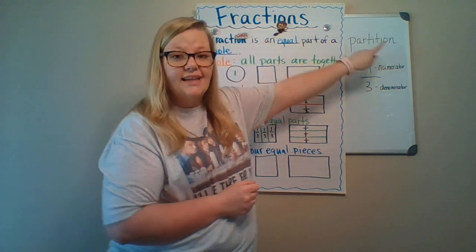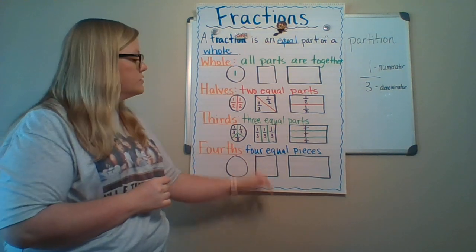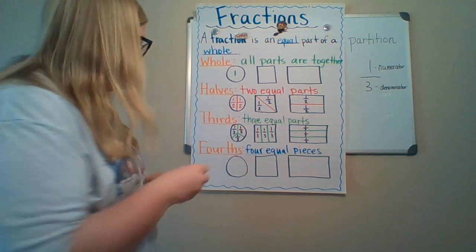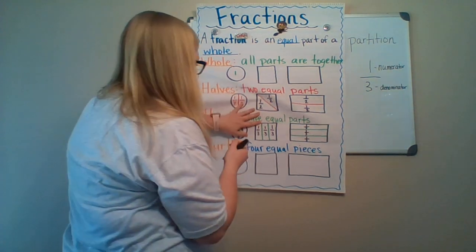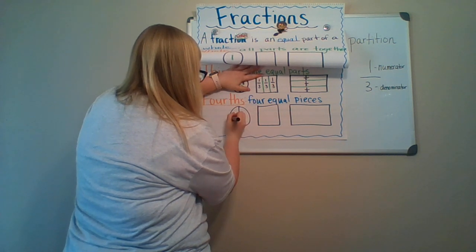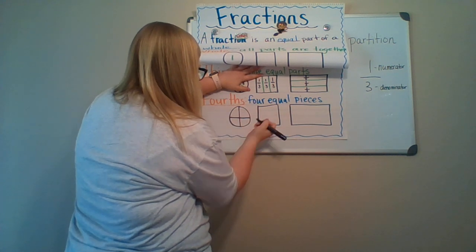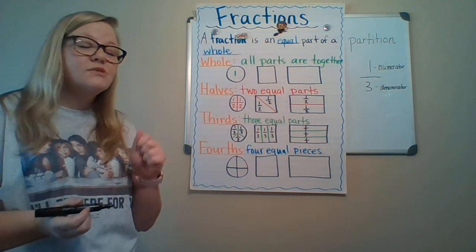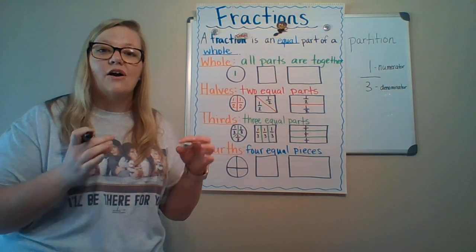Partition means divide. We have to divide the circle, the square, and the rectangle into 4 equal pieces. Now there are other ways that you could do it, but the most important thing, like I said, is making sure that they are equal.